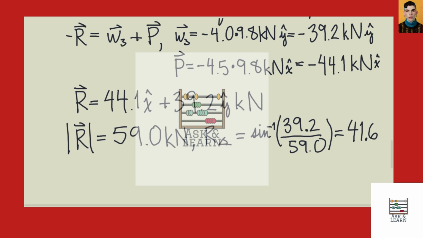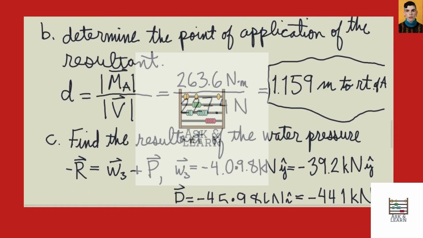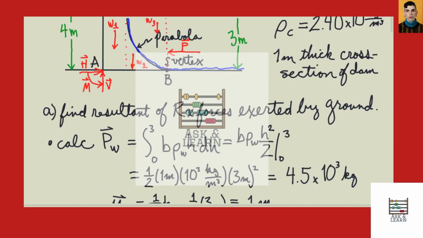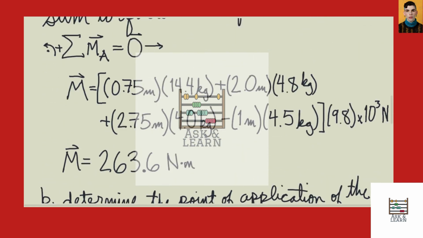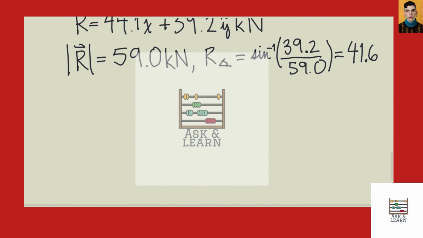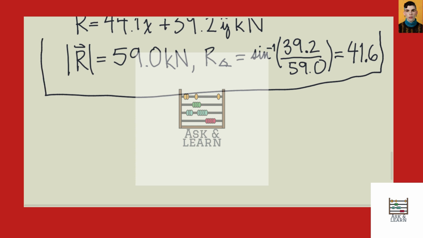We take that quotient and take the arc sine of it. That leaves us with 41.6 degrees. That will be the angle of the resultant of the water, in this direction, negative 41 degrees from horizontal. This is another boxed answer. Let me do that. And that should conclude our problem.